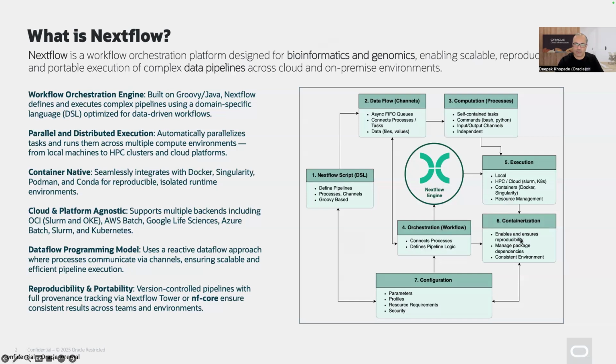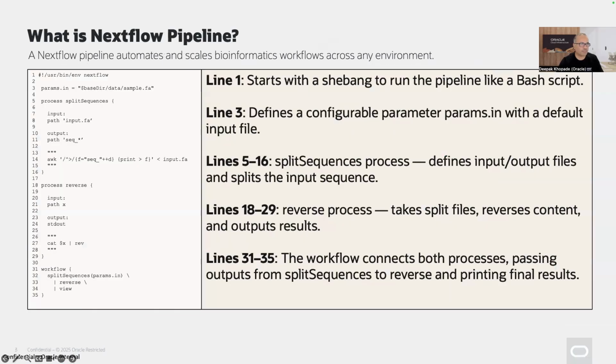And then eventually that containerization is to give you that flexibility, reproducibility and consistency between the environments, if you want to move from on-prem to cloud or cloud to on-prem, either way. So that's what Nextflow is at a very high level. Please pause the video if you want to read here in more detail.